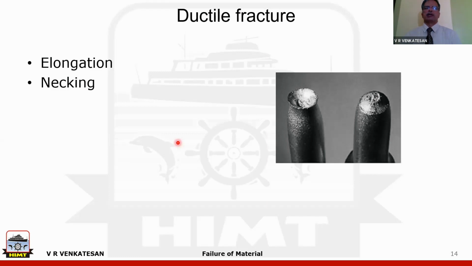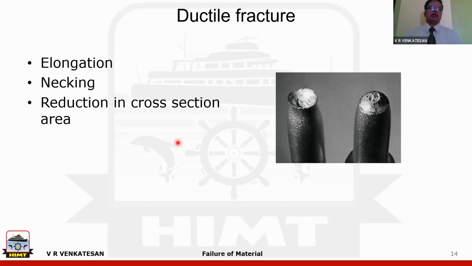Necking means there will be reduction in the cross-sectional area, and you will see a very clear shape here, like a shape called cup and cone shape is commonly seen. So this is the cup part, and this is the cone part.